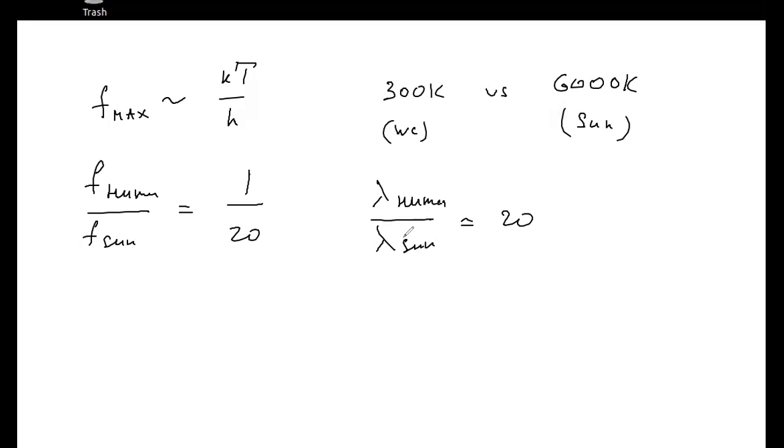If the typical wavelength for the sun is about yellow color, let's say I'm going to take a middle point, 500 nanometers, then what we're going to emit as human would be 20 times longer. So it will be 10,000, yeah?